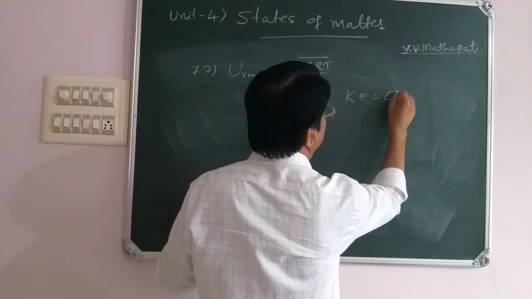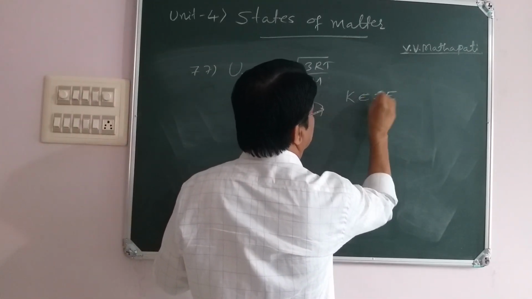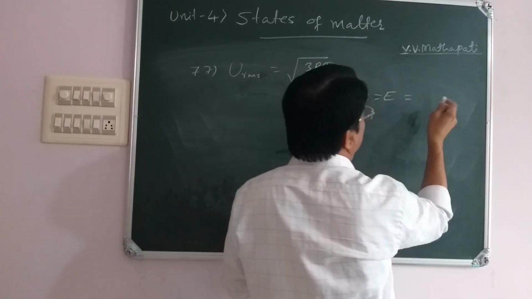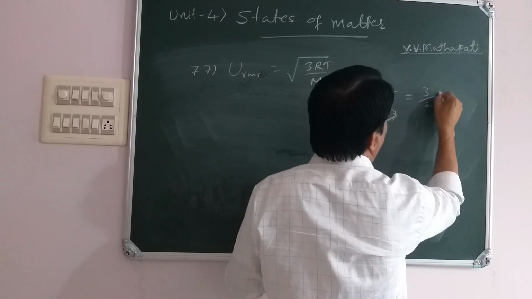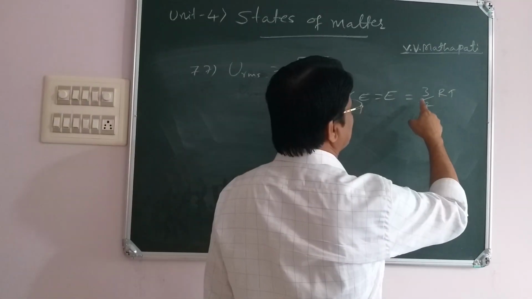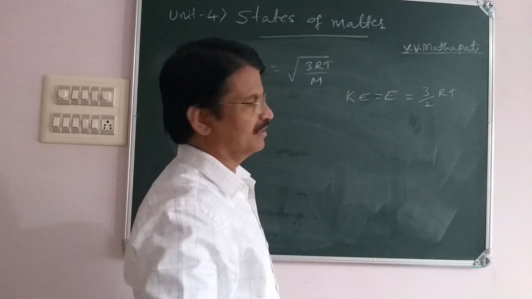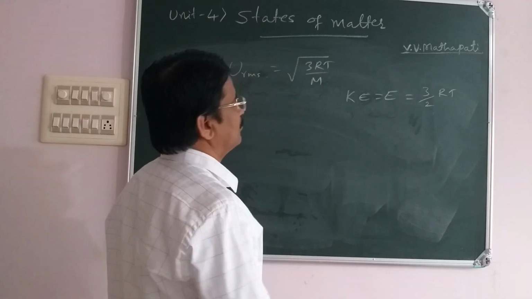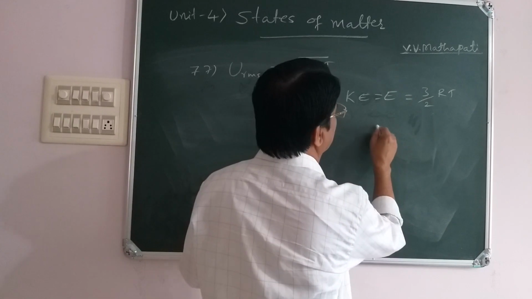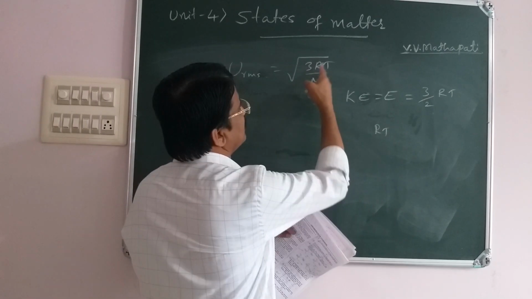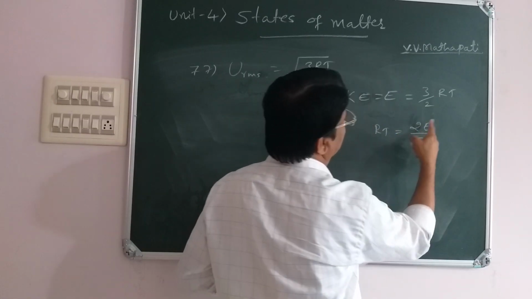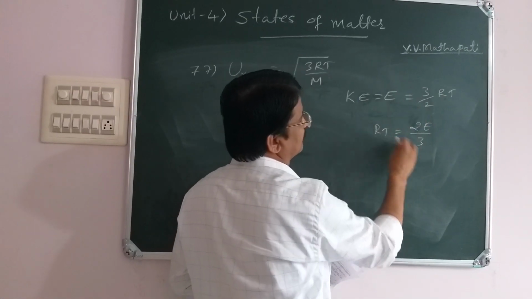In the question, KE equals E, which is 3 by 2 RT for 1 mole, and for n moles 3 by 2 nRT. But for 1 mole of gas, KE equals 3 by 2 RT. Then RT equals 2E by 3.